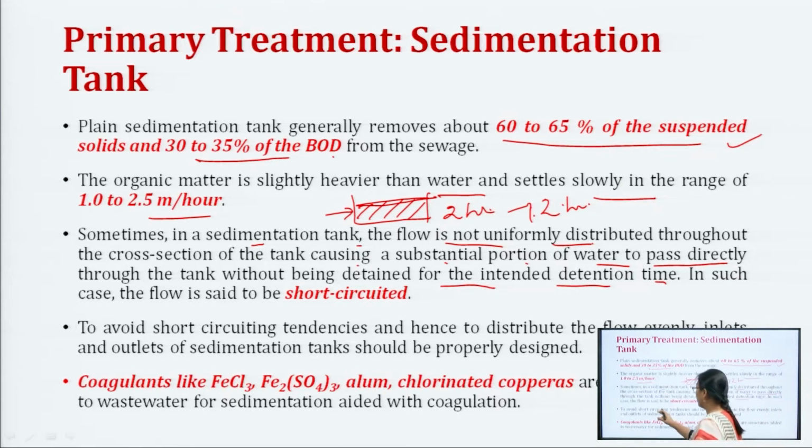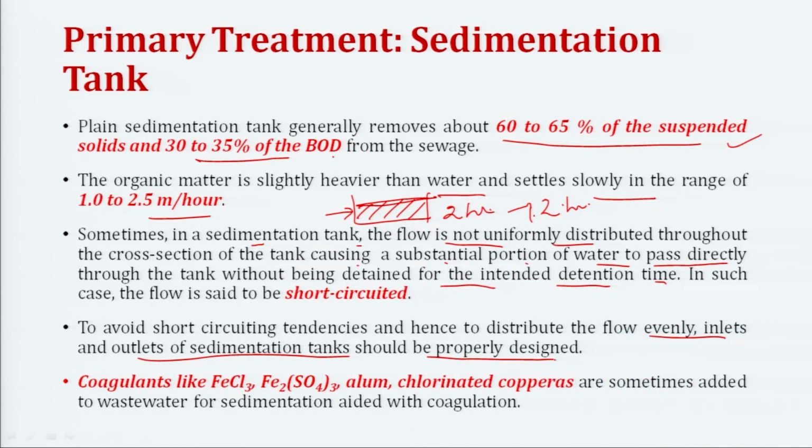To avoid short circuiting, so once you have short circuiting, what are you going to do? The settling is going to be lesser, so your sedimentation tank is not going to serve its purpose. So, what do you do in these cases? To avoid short circuiting tendencies and hence to distribute the flow evenly, the inlets and the outlets of a sedimentation tank should be properly designed.